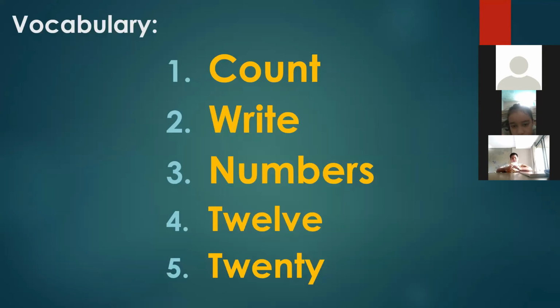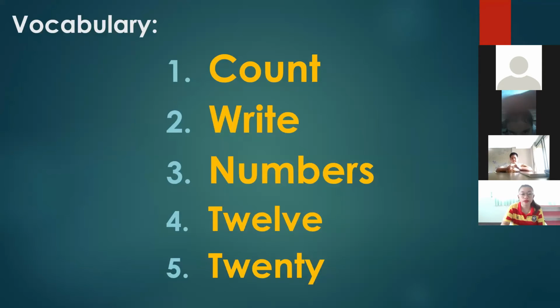Okay, so these are our vocabularies for today. Word number 1, count. 2, write. 3, numbers. 4, 12, and 5, 20. These are the vocabularies that we're going to encounter for our discussions today.